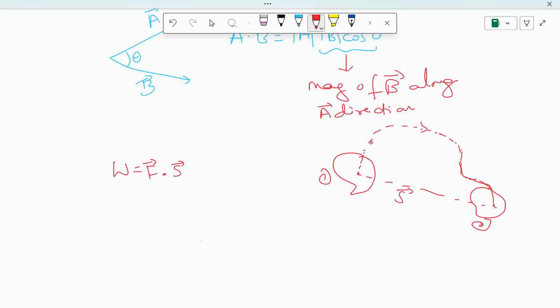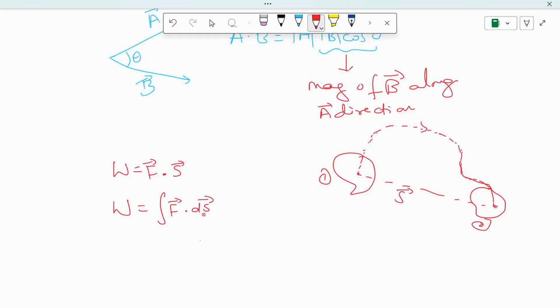So the stone is moved such that the center of mass of the stone moves like this, and it comes to here. Now, in order to calculate the work done here, we have to take F bar dot ds bar.